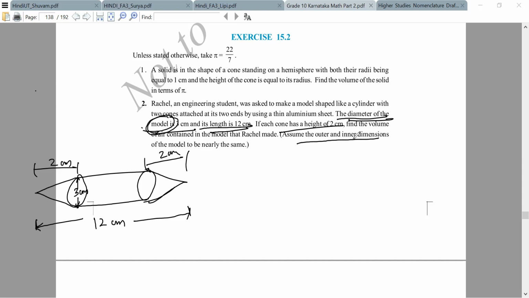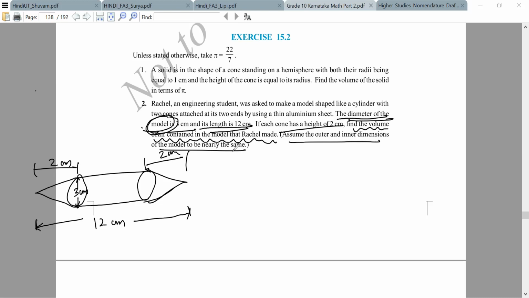Assume that the outer and inner dimensions of the model are nearly the same. What is this thing they're saying? Okay, let's see it. Find the volume of air in the model that Rachel has made. Basically you have to find the volume of this whole thing, but they're adding this another thing here. Why are they adding that? Anyone?